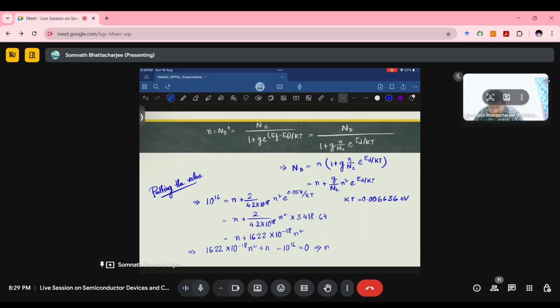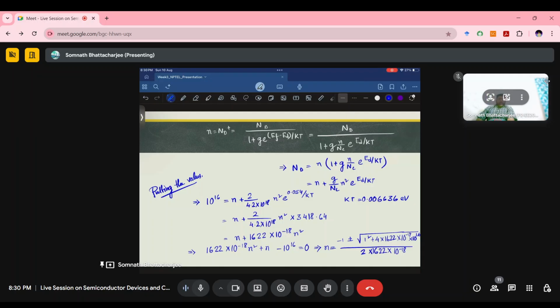Based on this, we can solve this equation as minus 1 plus or minus root of 1 square plus 4 times 1622 into 10 to the power of minus 18 multiplied by 10 to the power of 16, whole divided by 2a, that is 2 into 1622 into 10 to the power of minus 18.